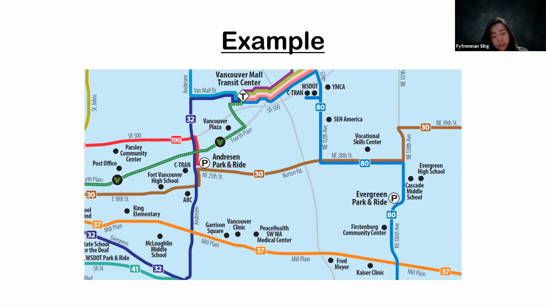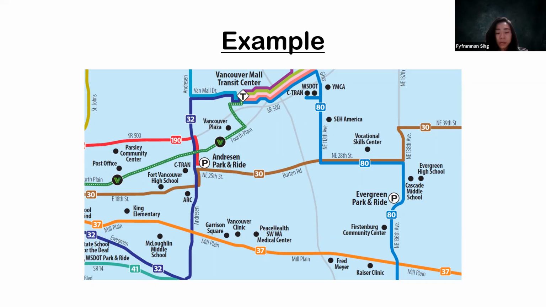But anyway, we would take the Vine all the way to Vancouver Mall Transit Center. And then we would take the 80 to Mill Plain and Northeast 136th Avenue. And then we would take the 37 to Fred Meyer.